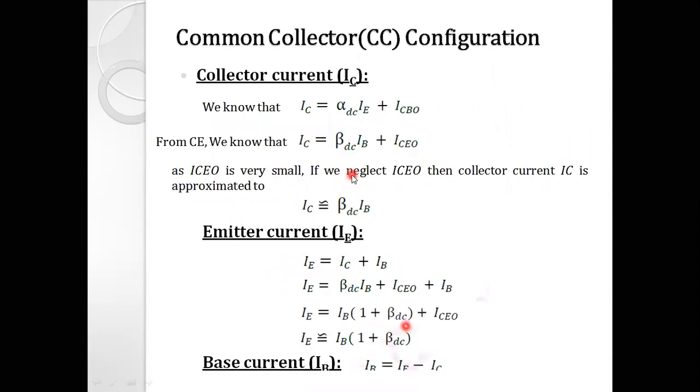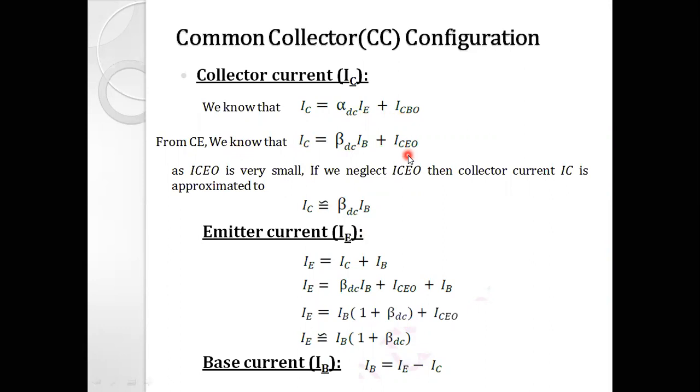Now all three currents for common collector configuration. The first current is the collector current. We know that IC is equal to alpha DC IE plus ICBO. And from common emitter configuration, we know that IC is equal to beta DC IB plus ICEO, right?